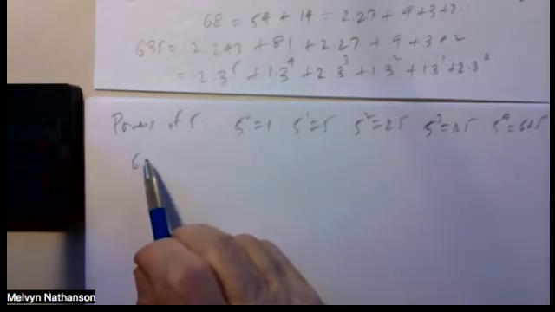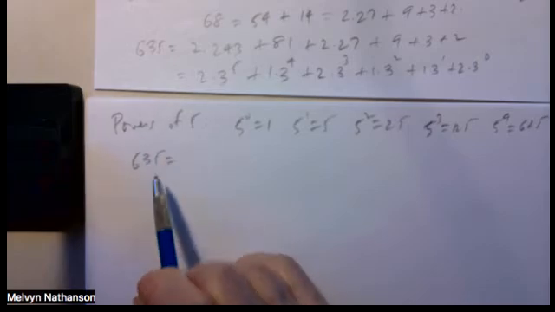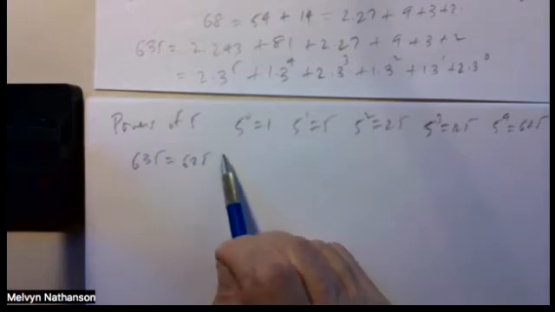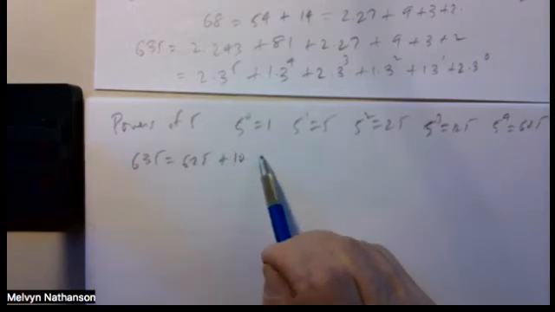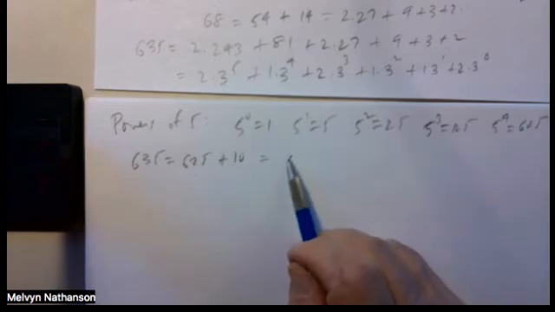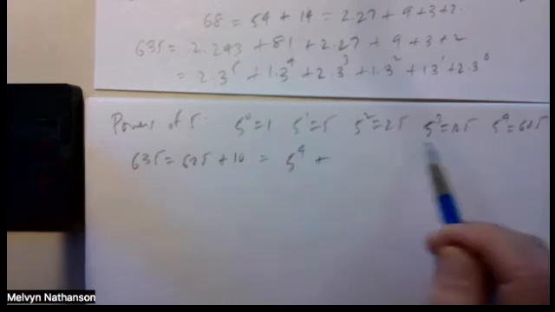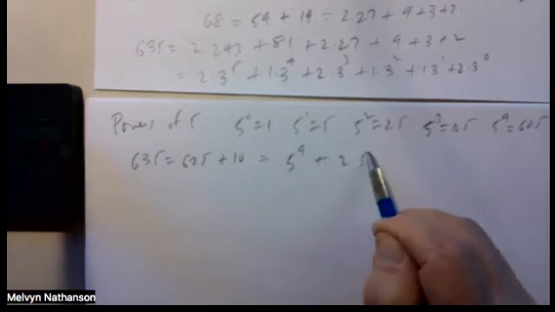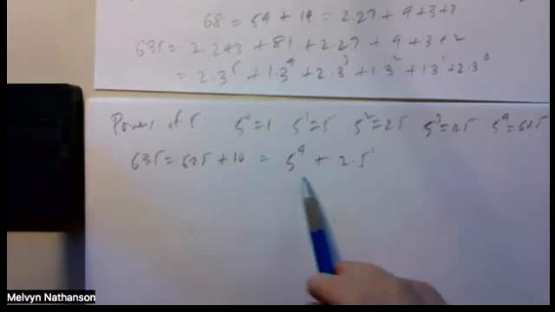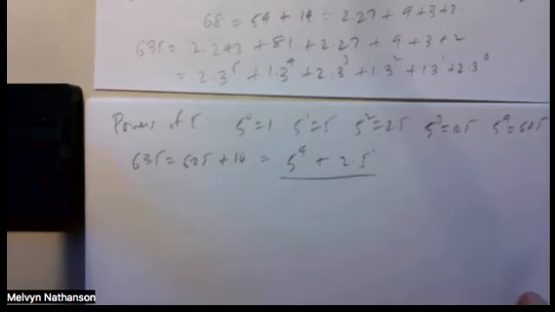So this becomes actually very easy. 635 is 625 plus 10. So 625 is 5 to the 4th, and 10 is 2 times 5 to the 1st power. Okay. Does that look all right?